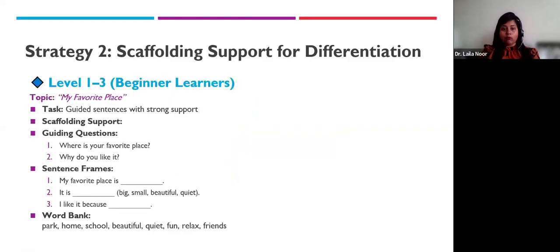So these are mainly scaffolded support. Now we'll see how we can provide scaffolded support to multilingual learners. Again, for the same different proficiency levels, how can we provide different scaffolded support? Here I want to mention that the basic difference between tiered task support and scaffolded support is that tiered task support provides the same task with the same learning objectives, and they just change the complexity.